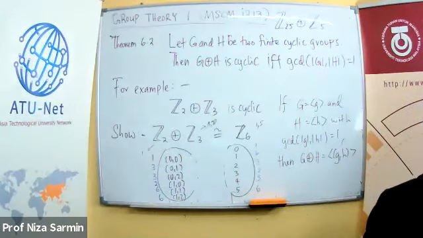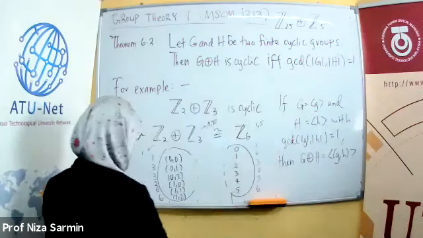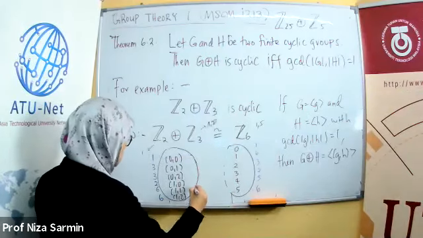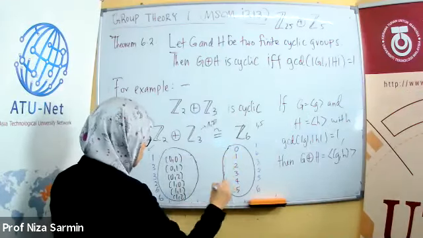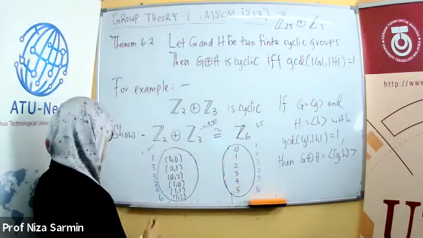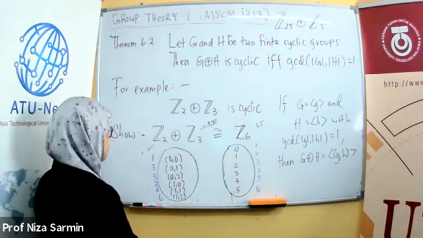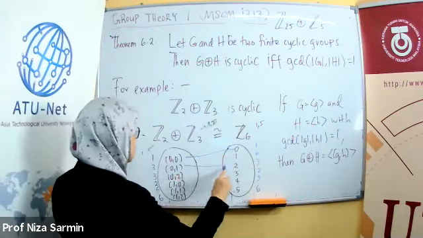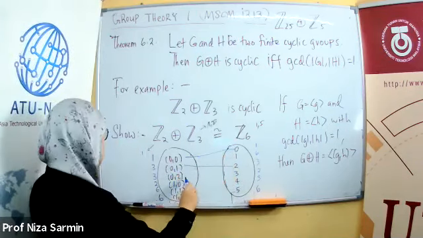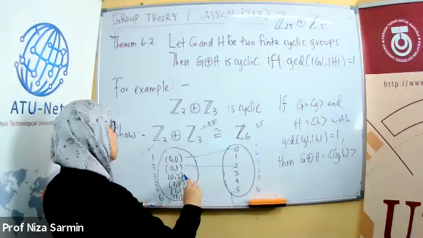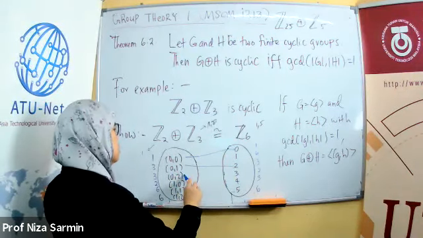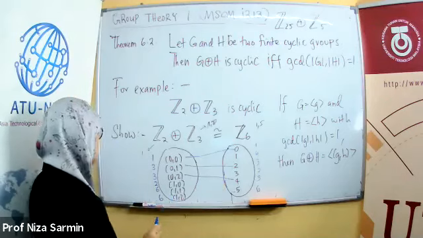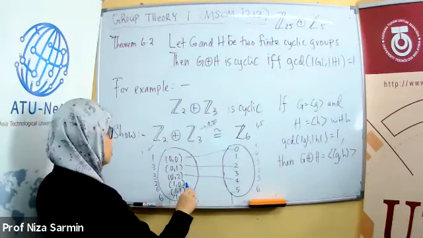Different color. So we have to map the one with the same order. Order 1, order 3. There are 2 order 3, so you can pick any one. This is another one, order 3. Okay. Order 2, there's only one order 2.